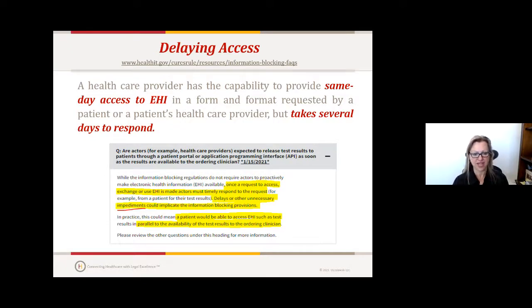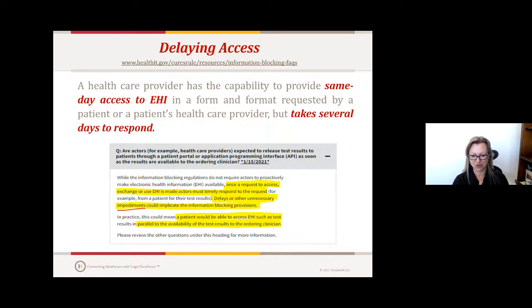So again, there's that caveat: no, you don't have to push everything in there, but you need to go back and revisit how you're holding the portal out, what you're promising to the patients, and what your processes are for requesting.